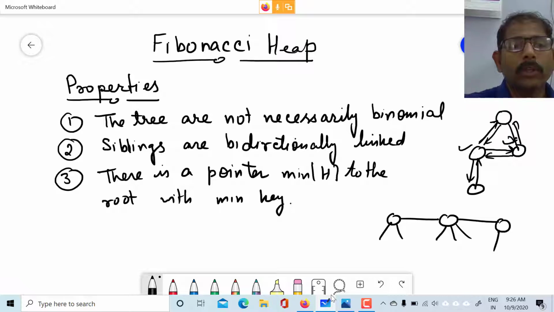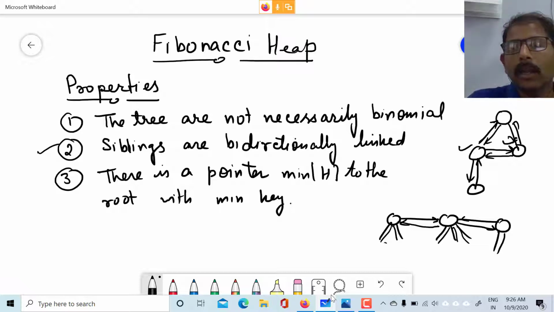From point number 2, they are bidirectionally connected. The heads will be bidirectionally connected, the child nodes will also be bidirectionally connected, and these nodes will also be bidirectionally connected to each other.